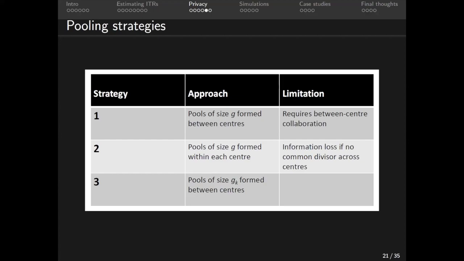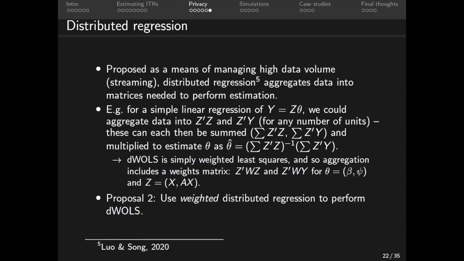We also looked at forming pools within centers, either a fixed pool size across all centers, which simplifies the variance calculations, but it does mean you throw out some information unless you happen to have the same common denominator, so you can get exactly the right size across centers, or looking at different pool sizes, again, formed within centers. The other strategy we looked at is something called distributed regression.